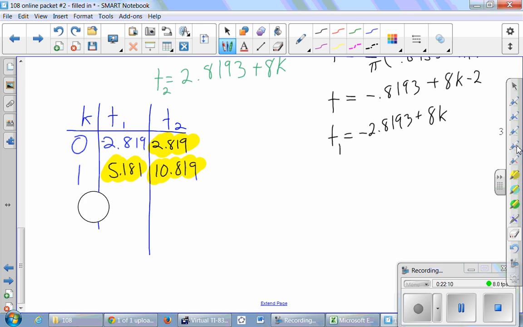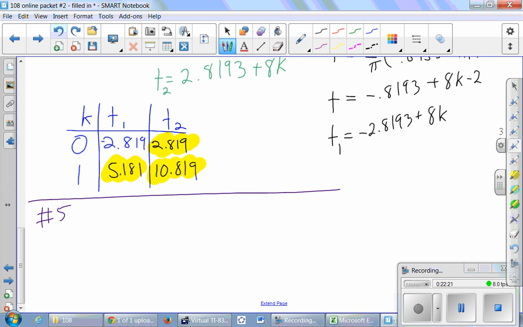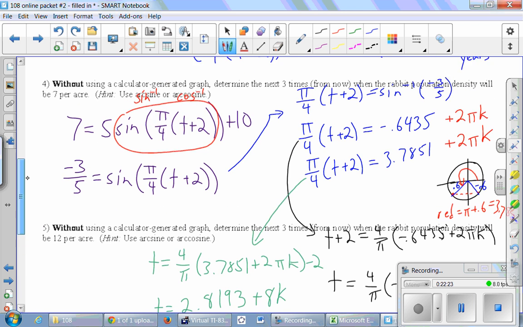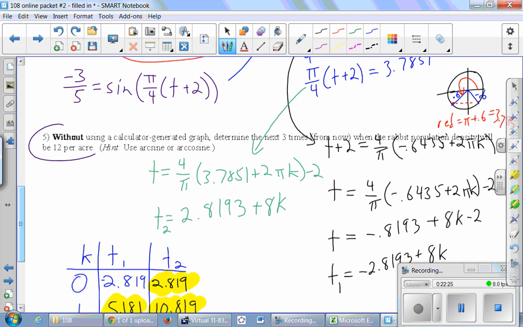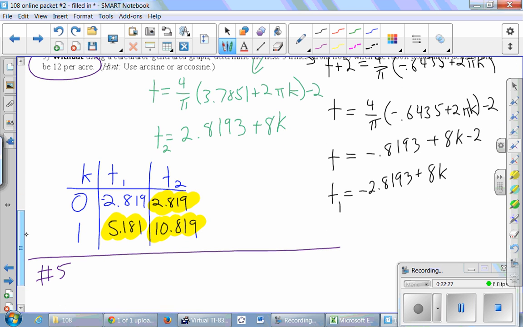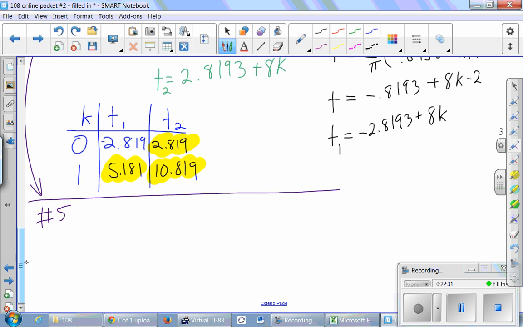So down here, this is now problem number 5. We'll make a note. Okay, so instead of having 7 equals, we now have 12 equals, and then all the stuff that we wrote before.